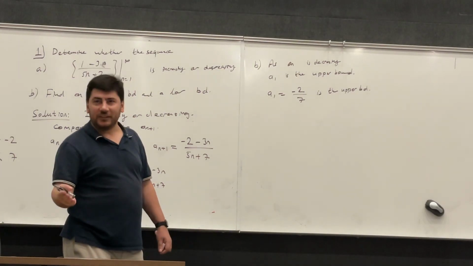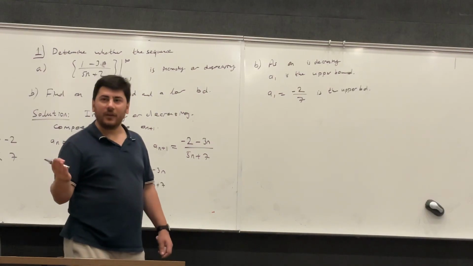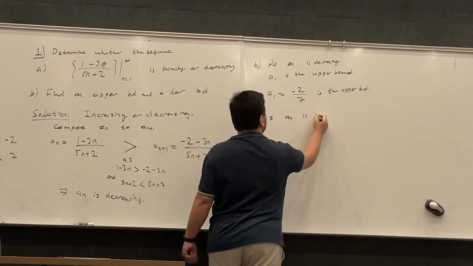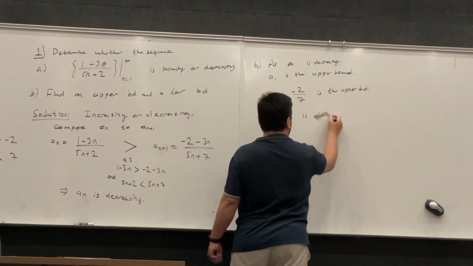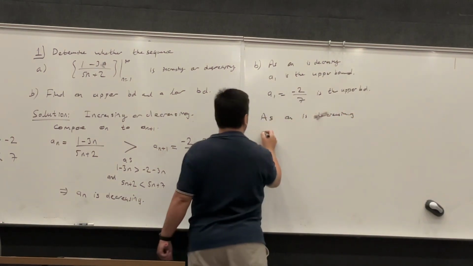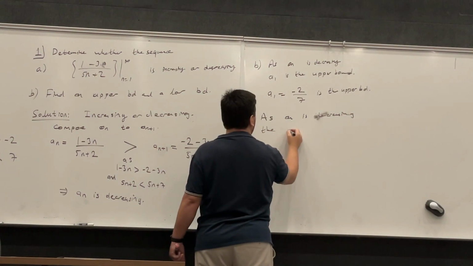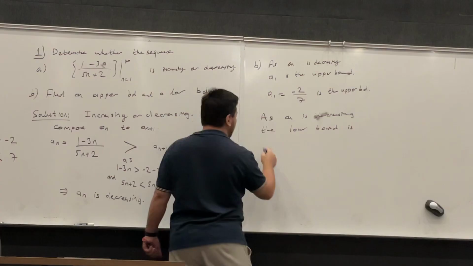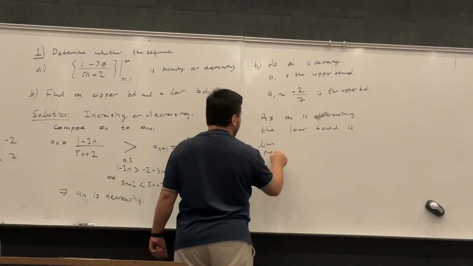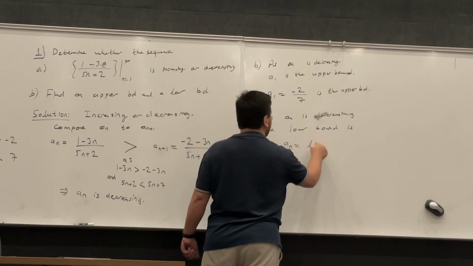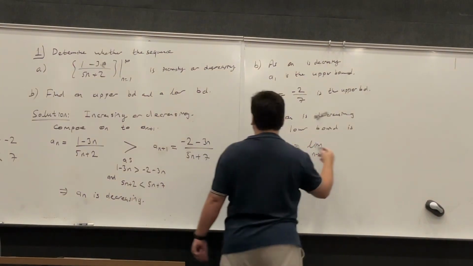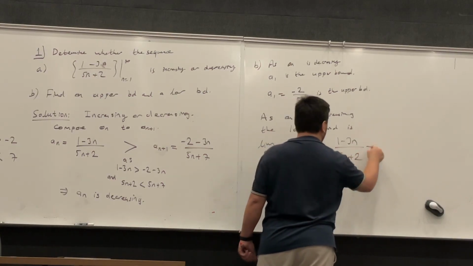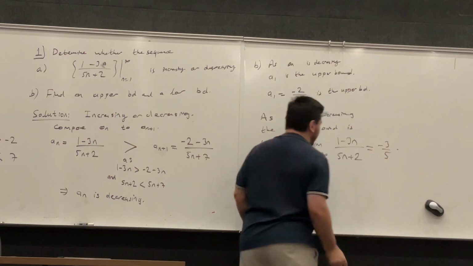The lower bound is the limit as n goes to infinity of an, which is the limit as n goes to infinity of 1 minus 3n over 5n plus 2, which is minus 3 over 5.